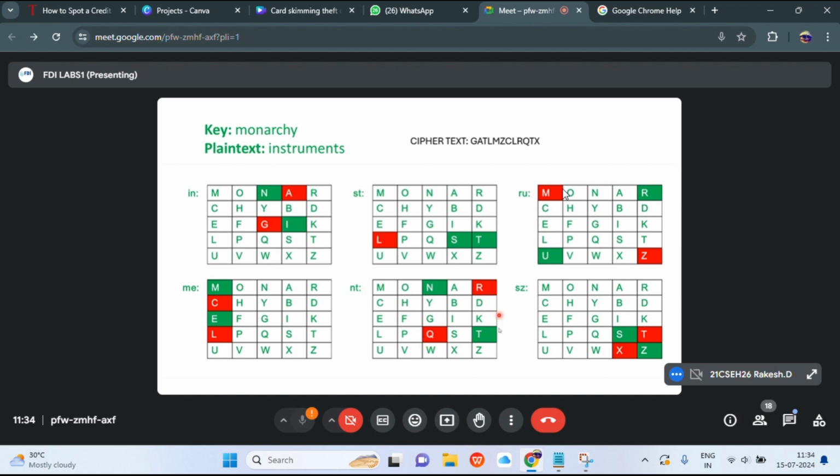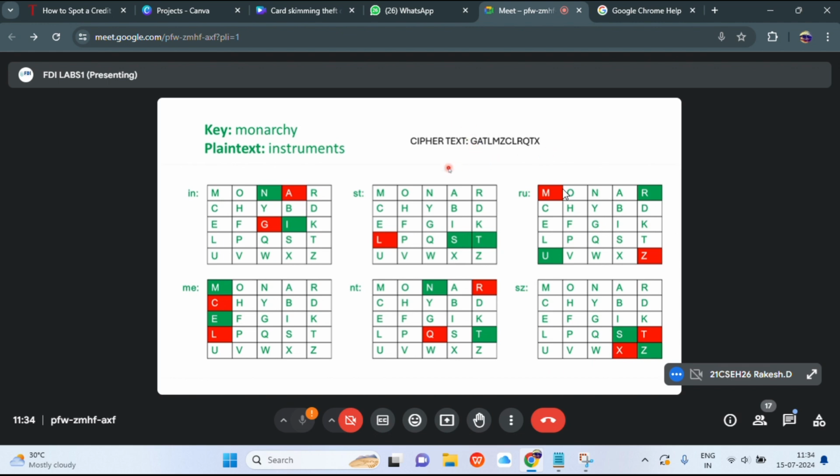Then NT. NT is present in different row, different column. As usual, the corner of N is R and the corner of T is Q. And here also S and Z are present in different row, different column. We'll move to the corner, that is the corner of S is T and the corner of Z is X. Now we have got the ciphertext.